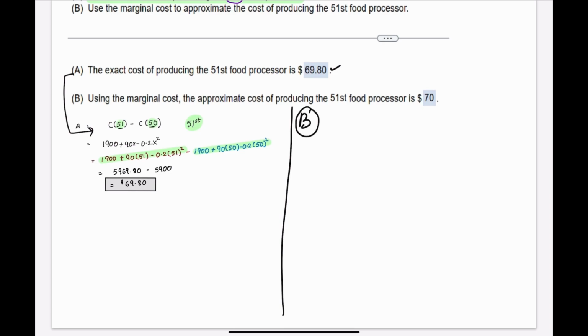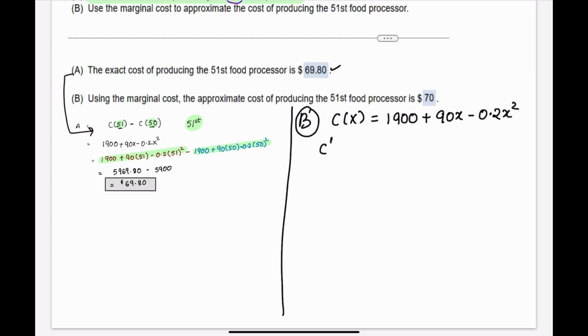For option B, what they say is use the marginal cost. The moment they use the marginal cost, I know I have to find the derivative. So my function C of x was 1900 plus 90x minus 0.2x squared.